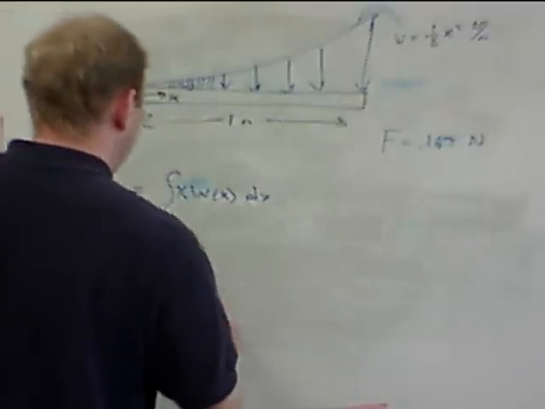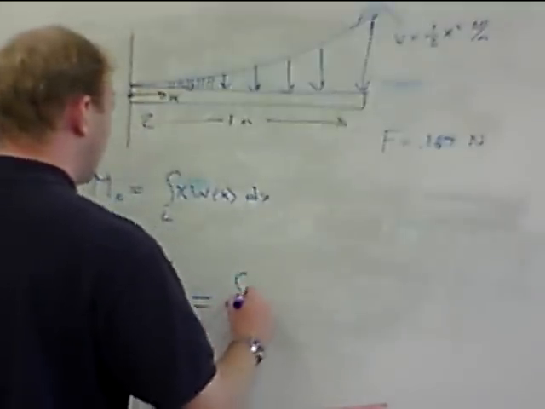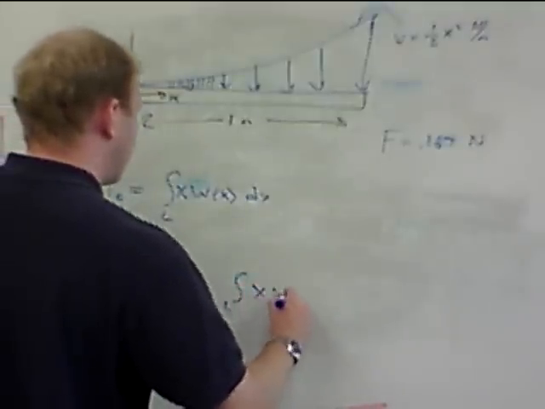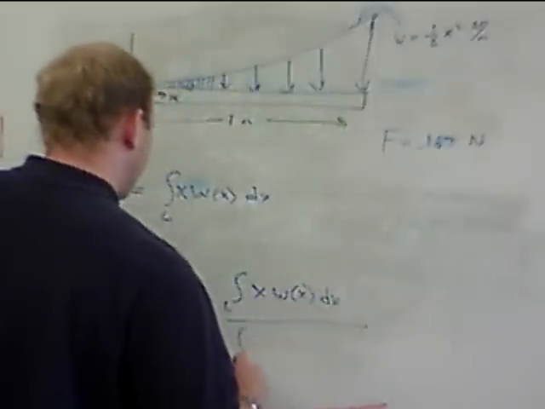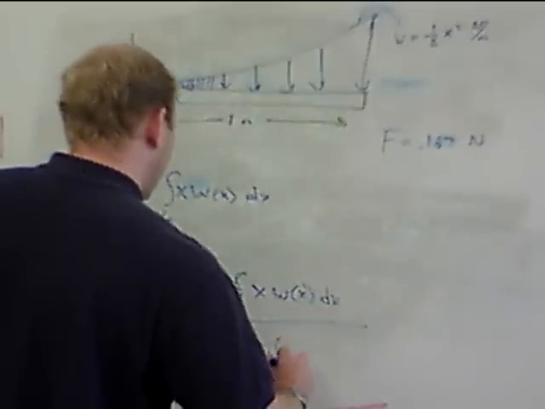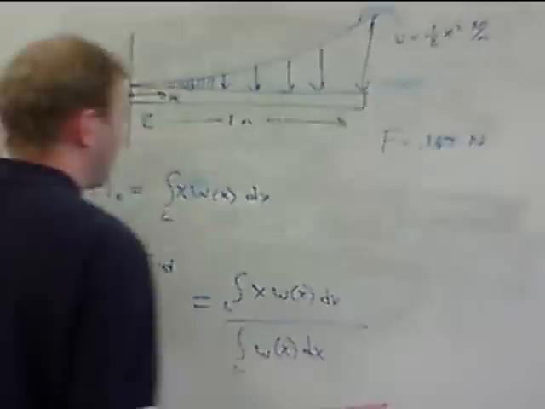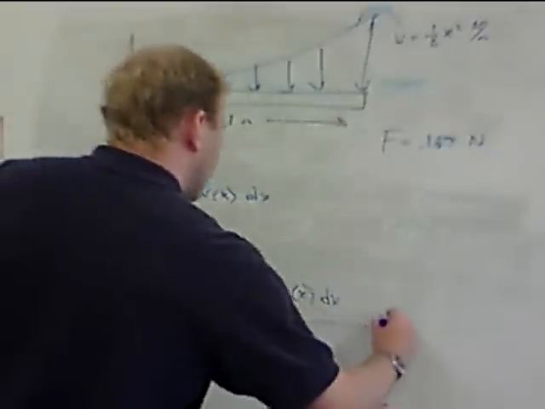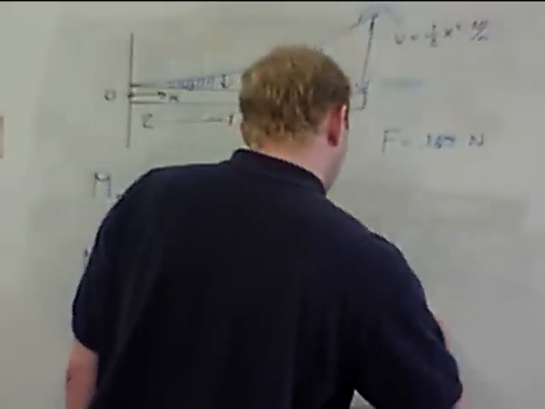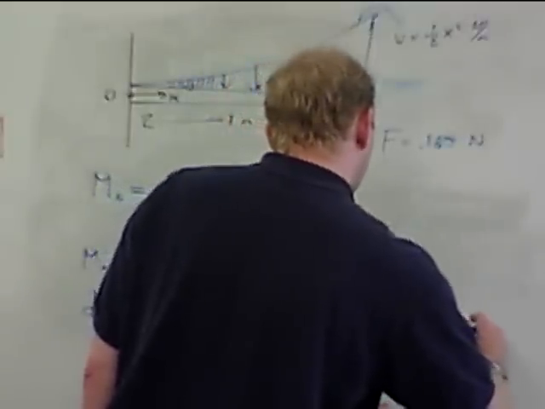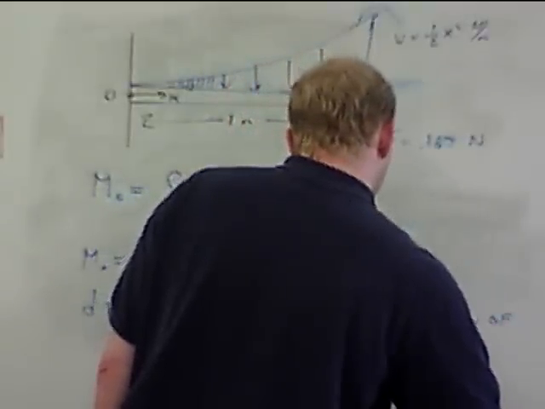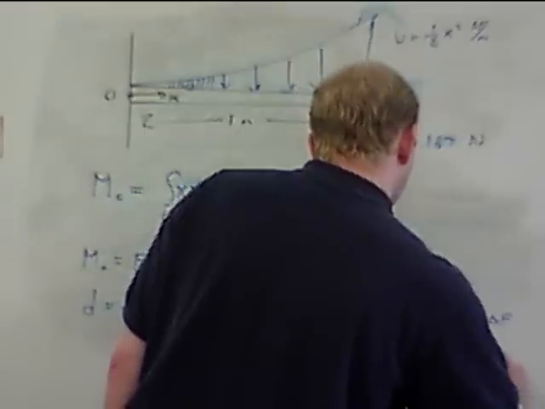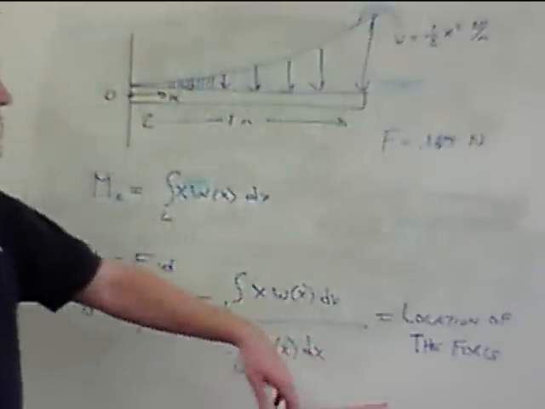So that becomes the integral over L of x times w of x dx divided by the integral over L of w of x dx. This is the location of the applied force.